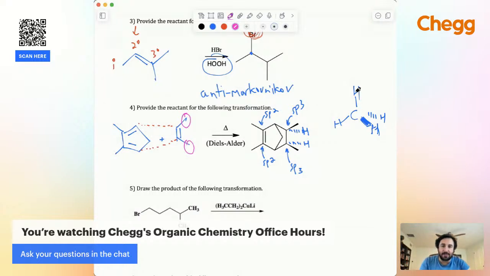And they're going to orient themselves in space in tetrahedral fashion. We've got 109.5 degree bond angles. That's the furthest away that four groups can be while all bound to the same central atom.